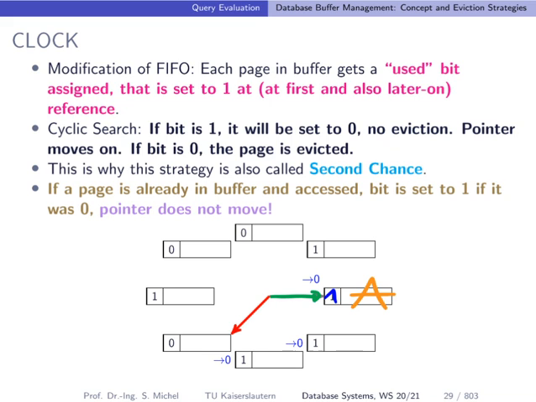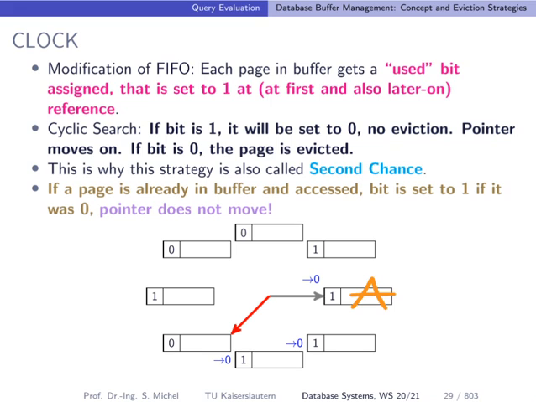But since we have this bit 1, we will not kick out A immediately, but we will note that A was already a candidate to be evicted, but we did not evict it yet. And we indicate this by setting the bit from 1 to 0.